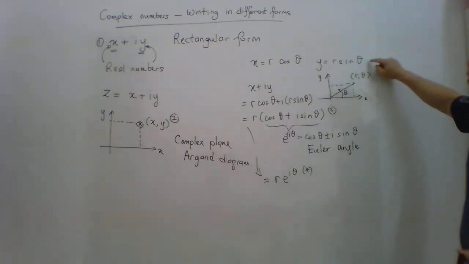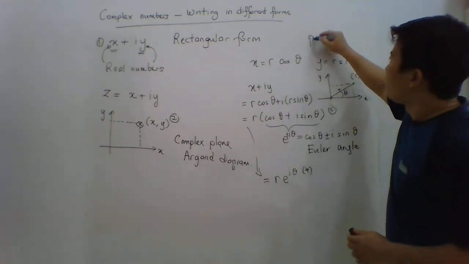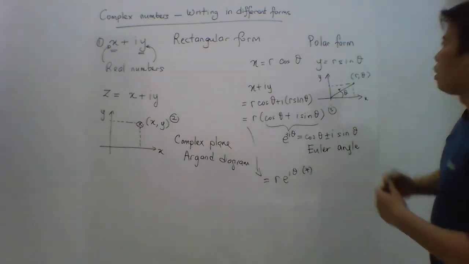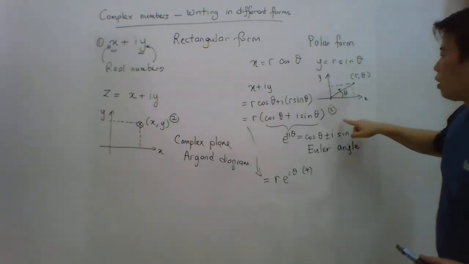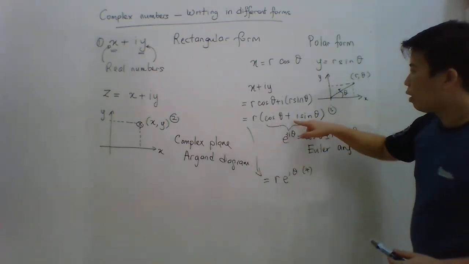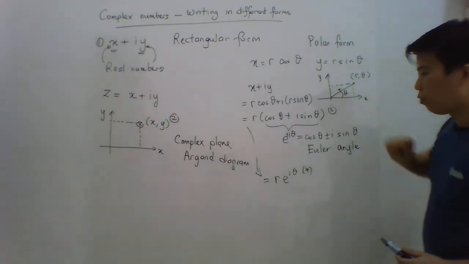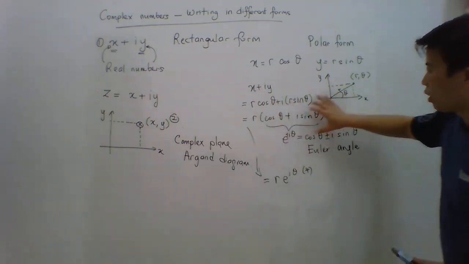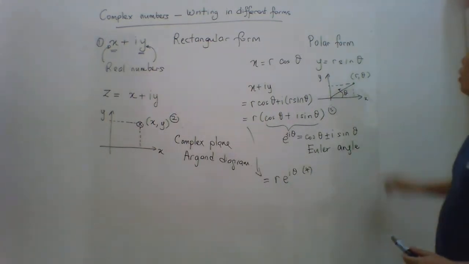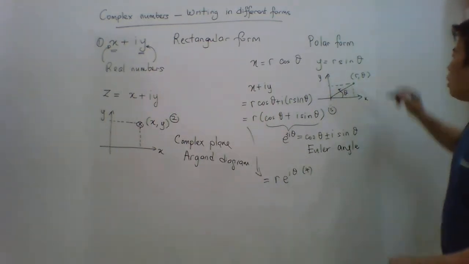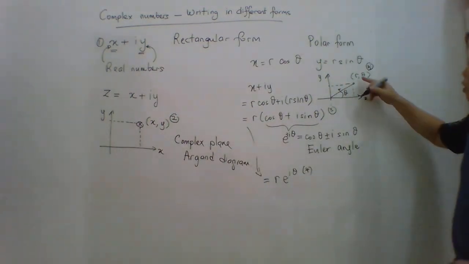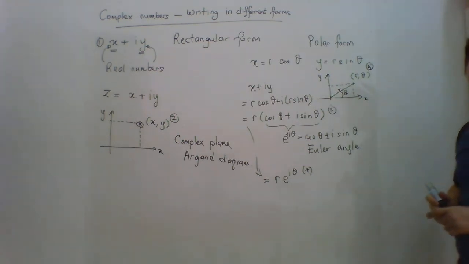And you can also represent it in terms of a polar form, such that you can write it as r cos theta plus i sin theta. This is the third form, and you will recognize that this is equal to r e to the i theta. So this is the fourth form, and the final one is to write it like the one that you did over here, but instead of x and y, you will represent it by r and theta.